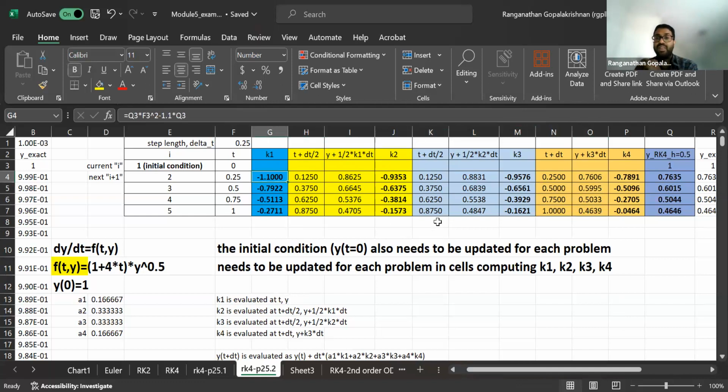K1, K2, they have to be updated because they are actually executions of the function, which has now changed because we have changed to a different problem.